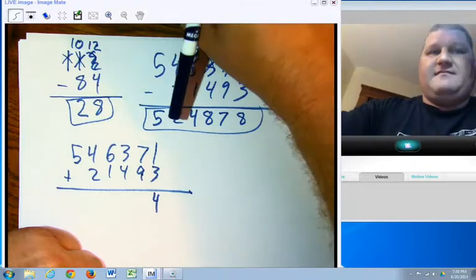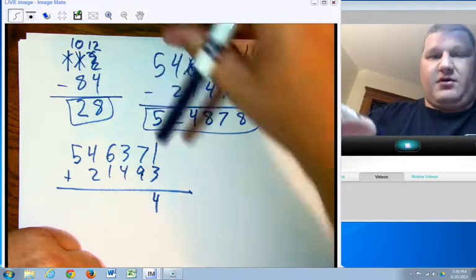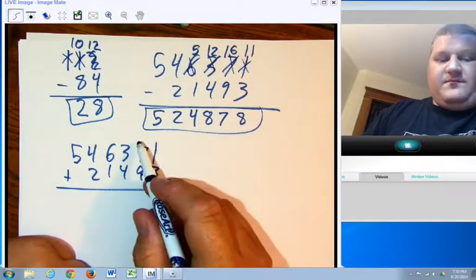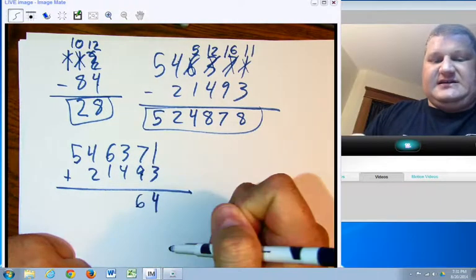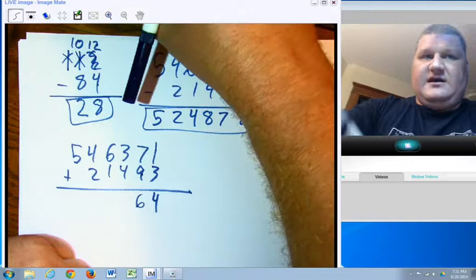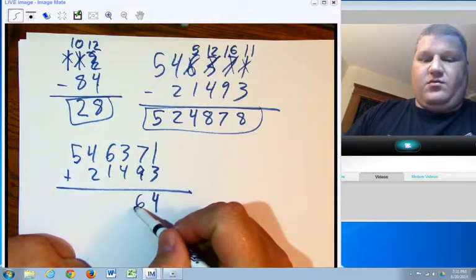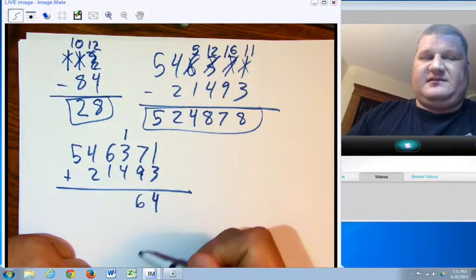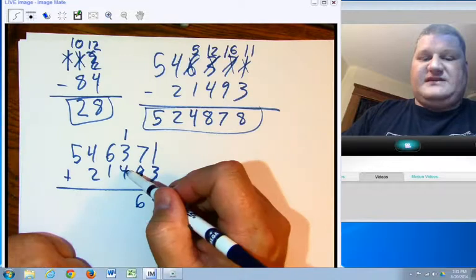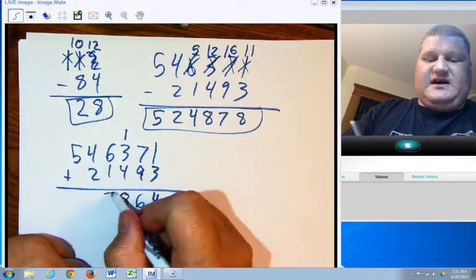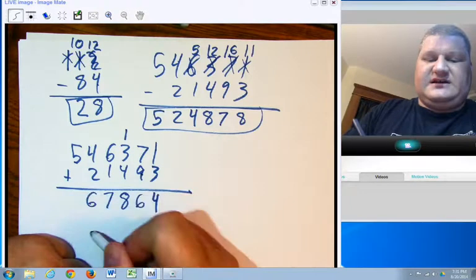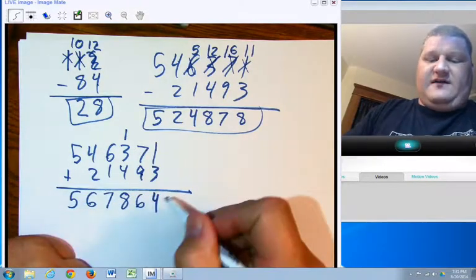It's a matter of organization and of practice. So, we say 7 and 9 is 16, put the 6 here, but I can't put an extra 1 here. The 1 has to go all the way up top. 3 plus 4 is 7, plus 1 more is 8. 6 plus 1 is 7. 4 plus 2 is 6. Bring down a 5. There's my answer.